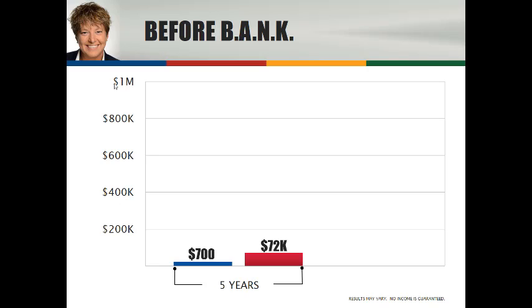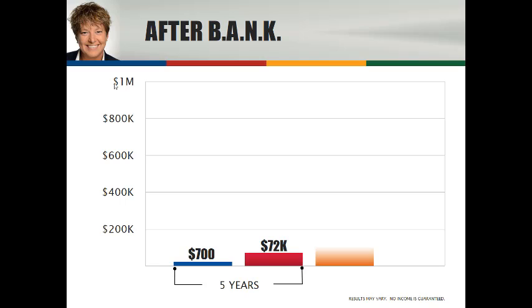Now, of course, these results may vary. No income is guaranteed in this, but she made $72,000, but this was not what she was wanting to make. She wanted to make much more than this, and perhaps that is what you are also interested in as well. So she started studying various personality types, and she could never find anything that really helped her sell much more. And so she did research, and she came up with this BANKCODE system, which is actually based on the psychology of selling.